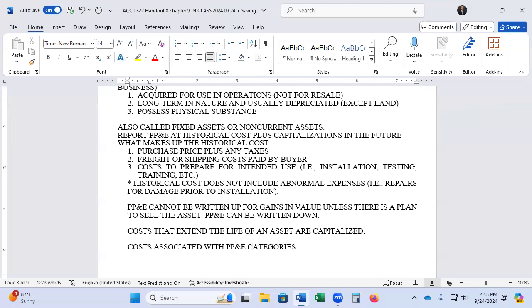I'm now going to list some costs associated with the PP&E category. Land improvements. These are costs of structural additions to land that make it ready for use.